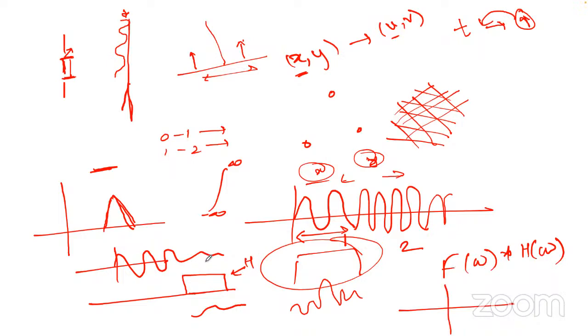Say if this is a simple sine wave, then it has a kind of peak. Convolved with this, which is a rectangular pulse, it will have a sinc form. And if you convolve, you will again get the sinc function only.